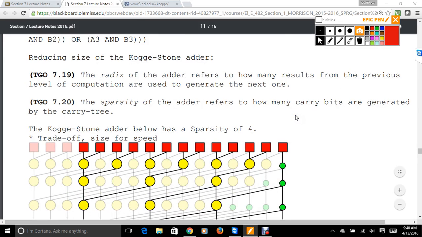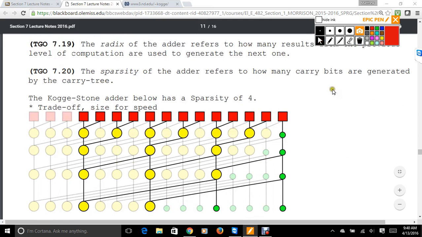So understand these two concepts. The radix of the adder refers to how many results of the previous level of computation are used to generate the next one. So in a fully designed Kogge-Stone adder, it's 5. It also ultimately would be 5 because remember it's based on the logarithm, right? So here, this is 16, right?